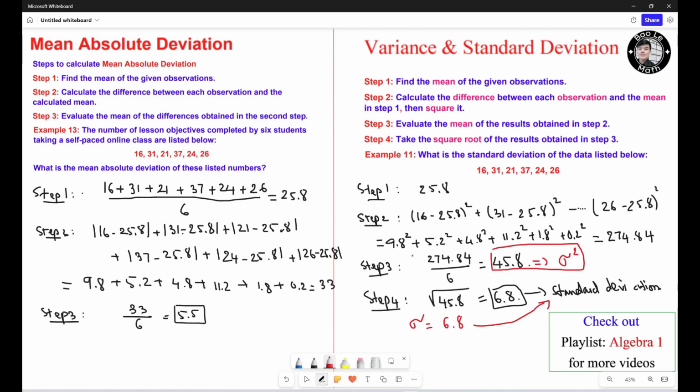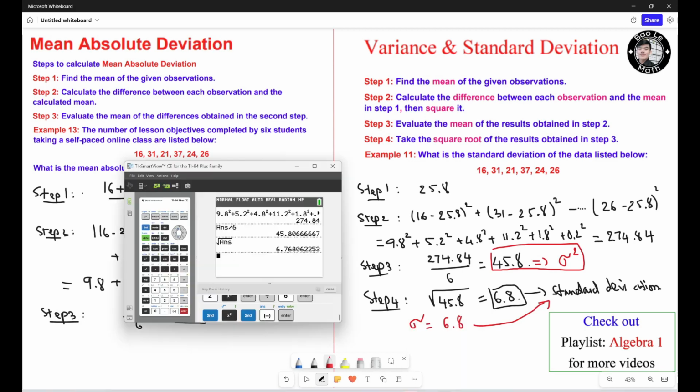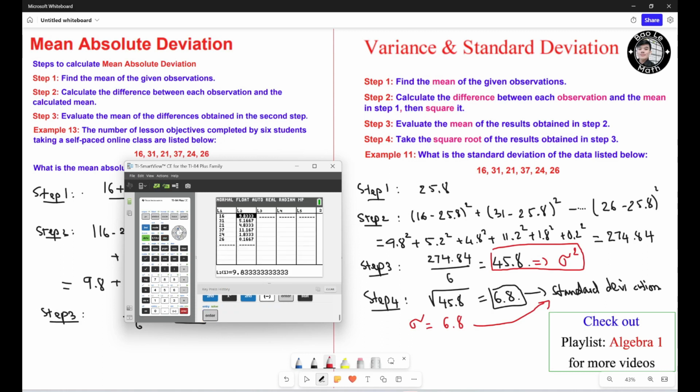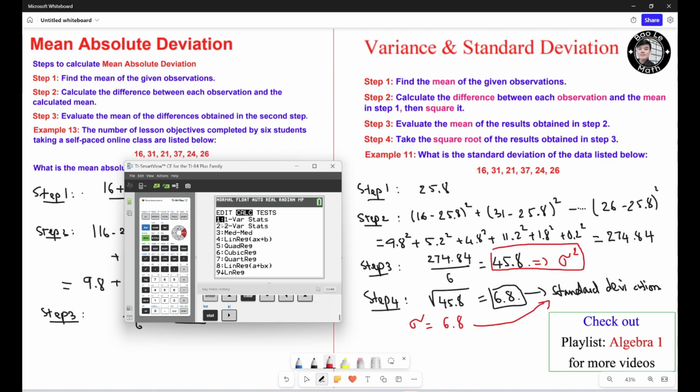We can use a calculator to complete this problem. Hit STAT, Edit, and input the values in L1, from 16 all the way to 26. Then hit STAT, go to CALC, and hit the first option, 1-Var Stats.